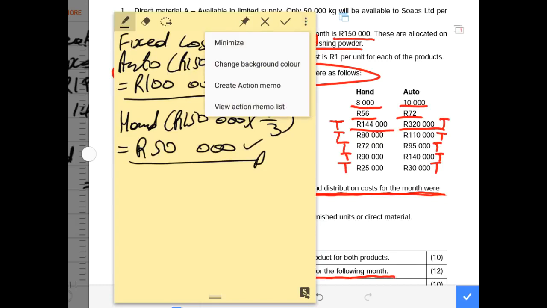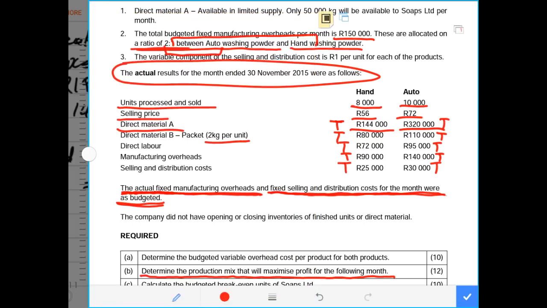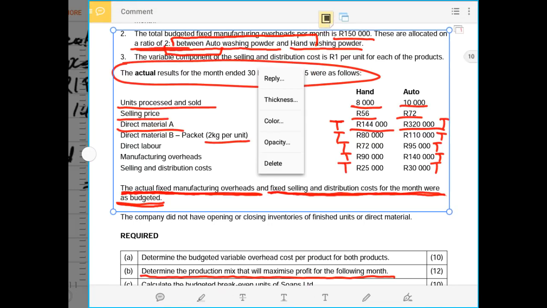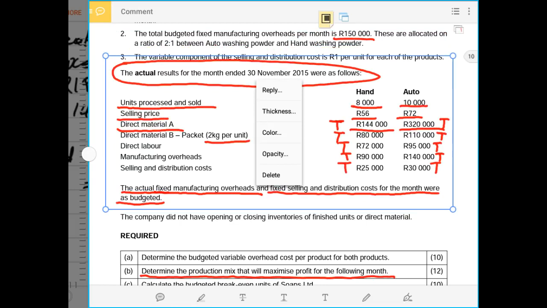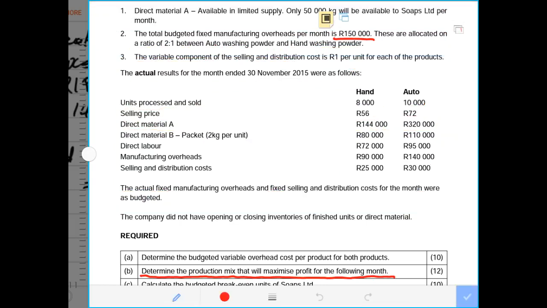So now they say that remained the same. If that remained the same, it means under actual information, we had our overheads as 90,000 rands, and we know that under hand there is 50,000 allocated there, which is fixed.